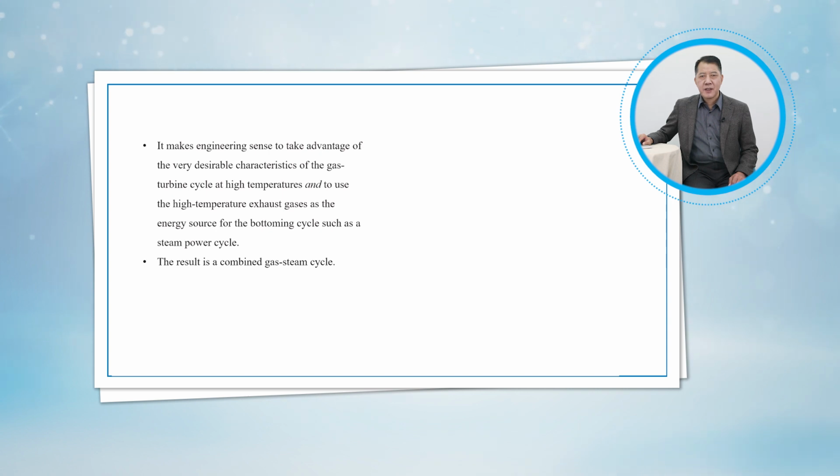A sketch of the system and the T-S diagram of a combined gas-steam power plant are given in figures 11-29 and 11-30. In this cycle, energy is recovered from the exhaust gases by transferring it to the steam in a heat exchanger that serves as the boiler.